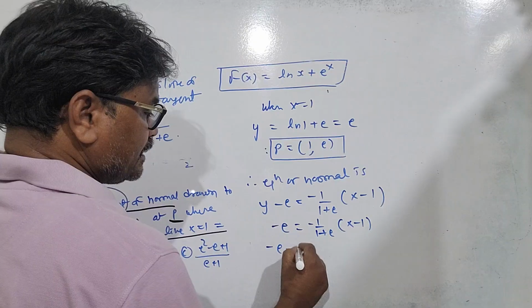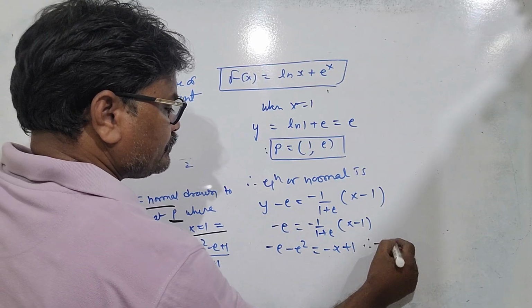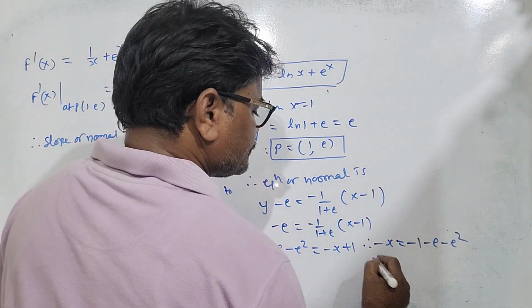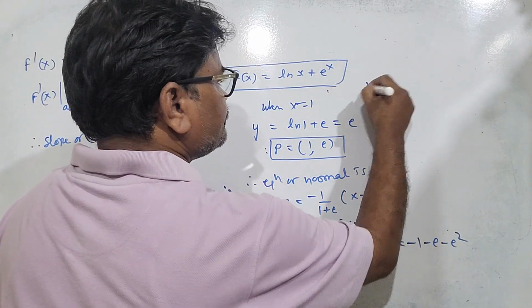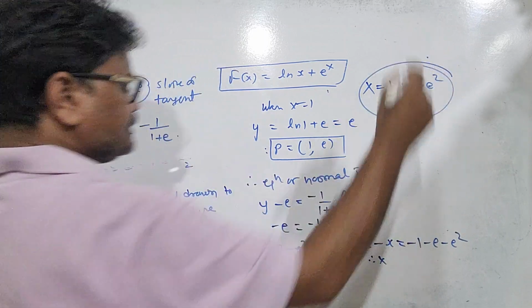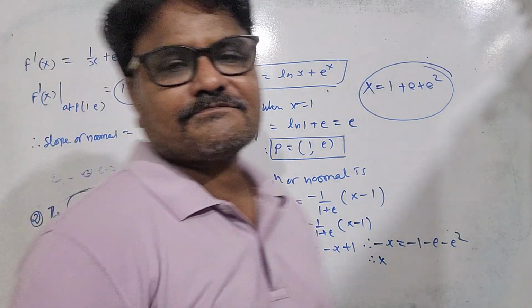So minus e square minus e equals minus x plus 1, therefore x equals 1 plus e plus e square. That is your x-intercept. So e square plus e minus 1, no. e square plus e plus 1 divided, no, this is also no. So this option is correct: e square plus e plus 1.